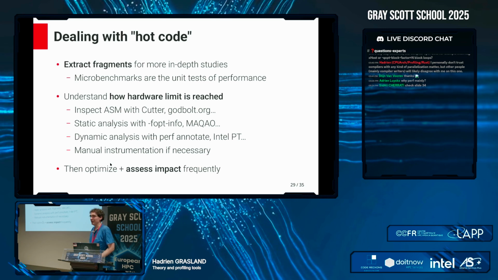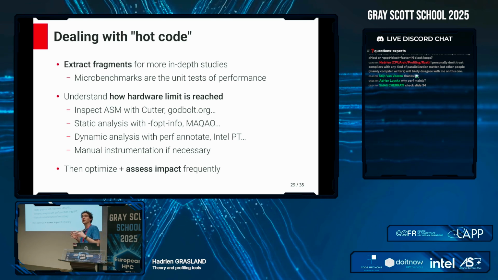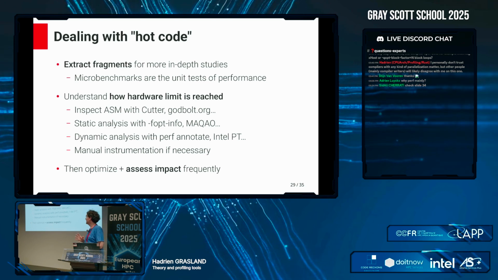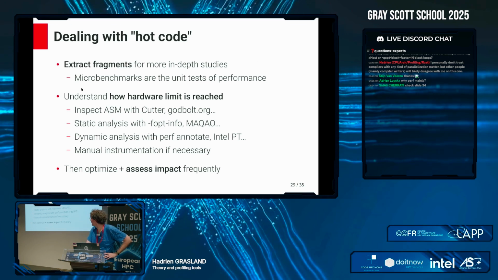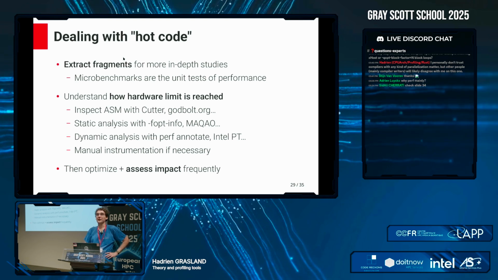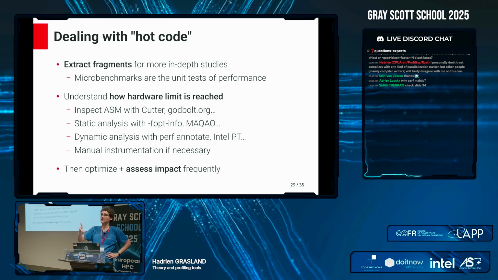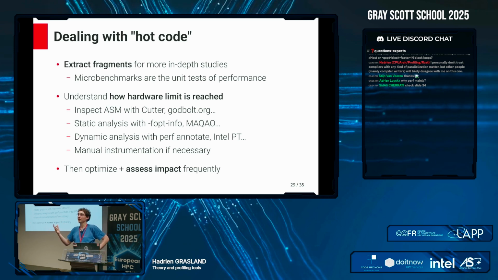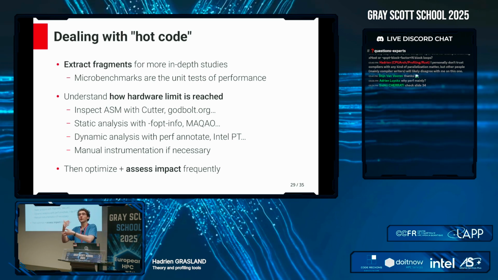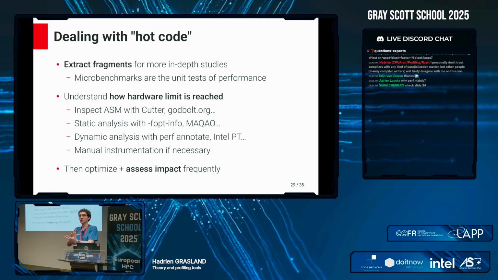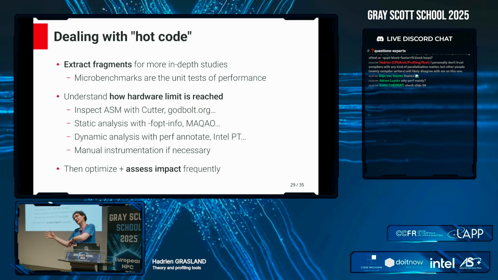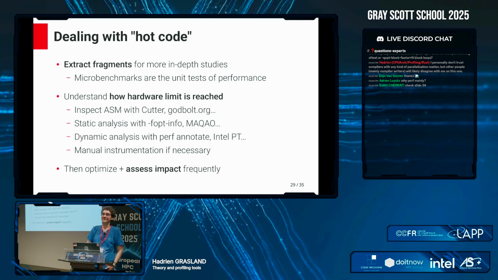Once you found why you're reaching the hardware limits that you have identified previously, then you can start thinking about how you can optimize it. And because you've been careful and have kept this small fragment around, it's a very good idea to often, as you try to optimize, go back, run again, and see if you've improved something, degraded something, have a tight feedback loop. I try something, I run the benchmark again. Has it changed? No. I try something. Has it changed? Yes. For the better, hopefully. You see the idea.